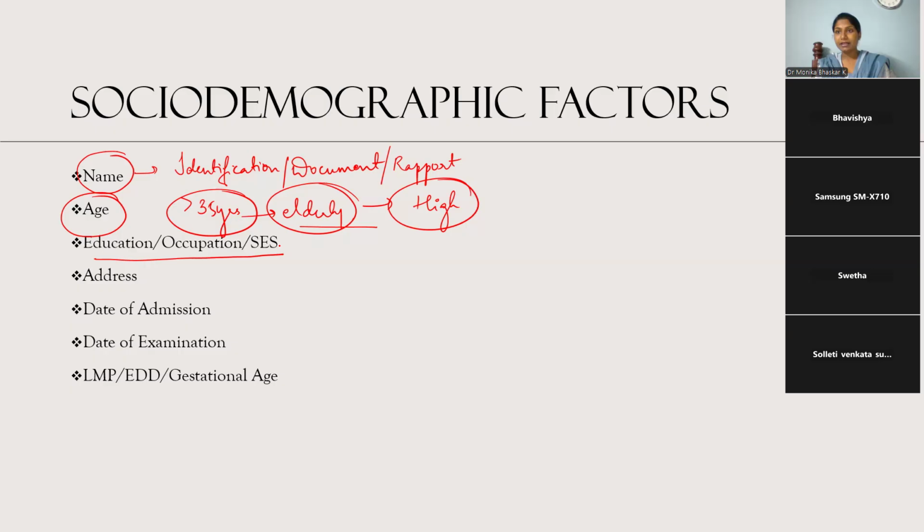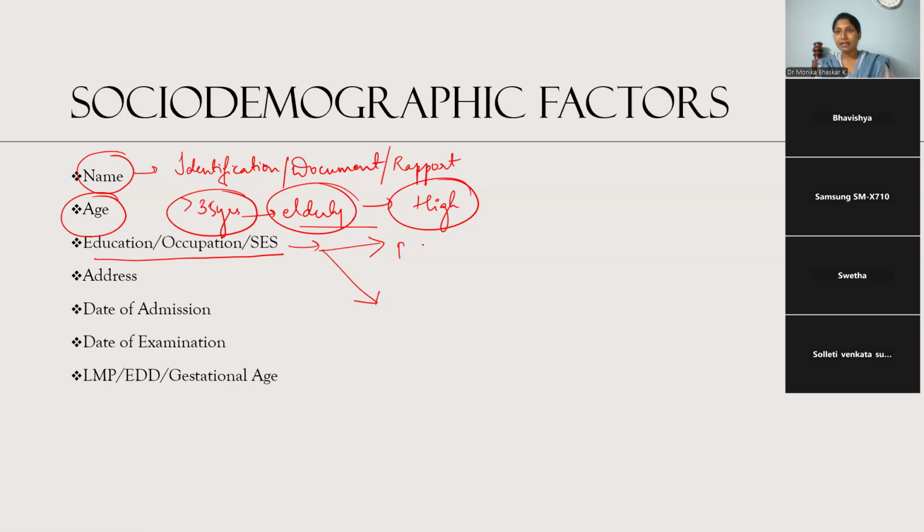But as a postgraduate, what is important for you to know is about the socioeconomic status. You all know that in different fields like obstetrics, medicine, or pediatrics, there are different classifications available for socioeconomic status. But for us, it is important to know two important classifications.